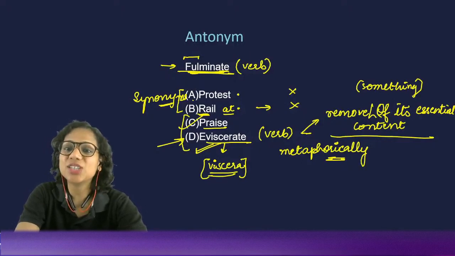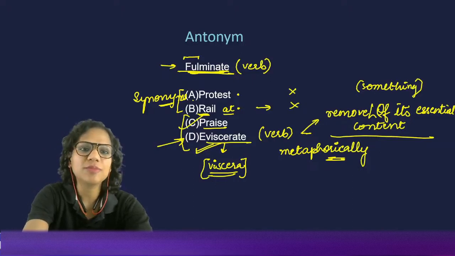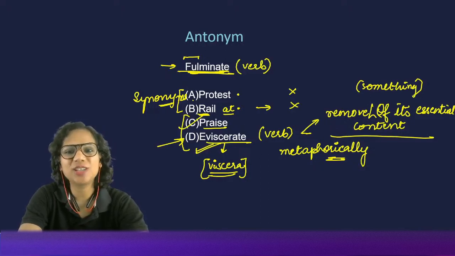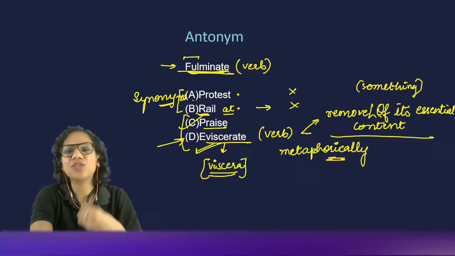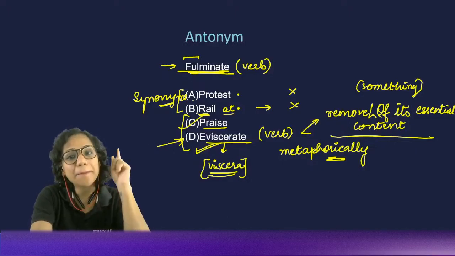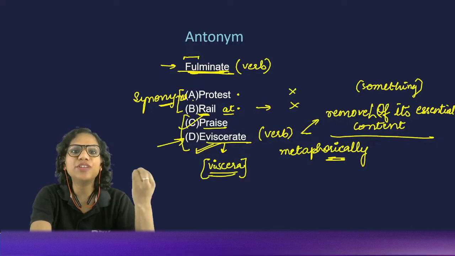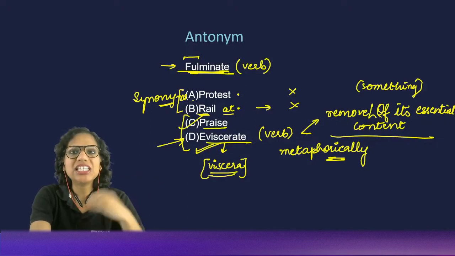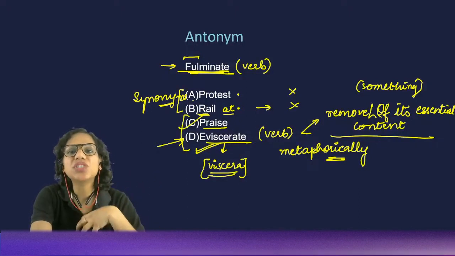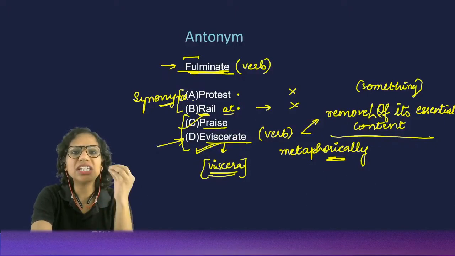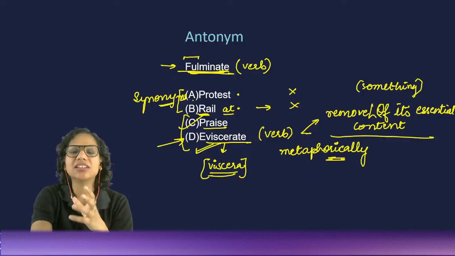Okay, yes, the word visceral. What does the word visceral mean? So visceral also comes from viscera. Of course, the literal meaning is something related to viscera, something related to those organs. But again, it has a metaphorical meaning too. Our visceral feelings are our very instinctive feelings, very deep-seated feelings in us, right? So this relates to our instinct, our inward feelings rather than our intellect.